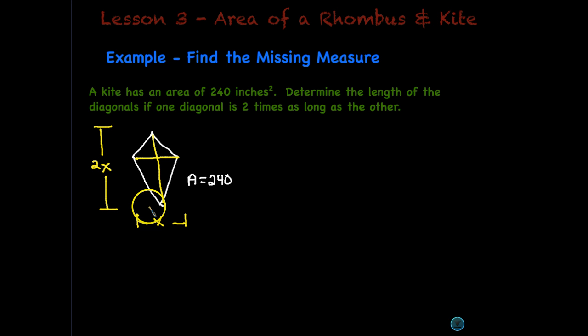It would be the same thing as if I said one diagonal is 3 times as long as the other. Then this would be 3x, or 4 times as long. So, just like before, we're going to take our information and replace the variables here in our equation with the information that's given. Area. We know the area, it's 240. And we know the diagonals.